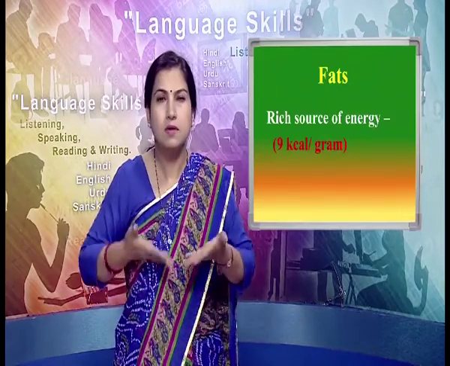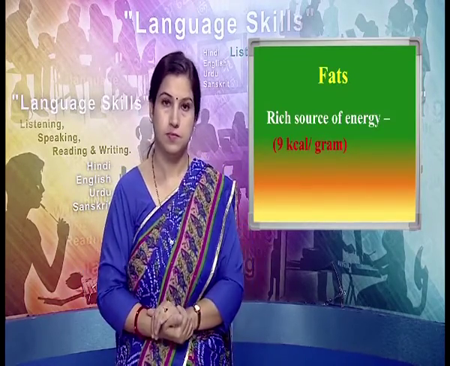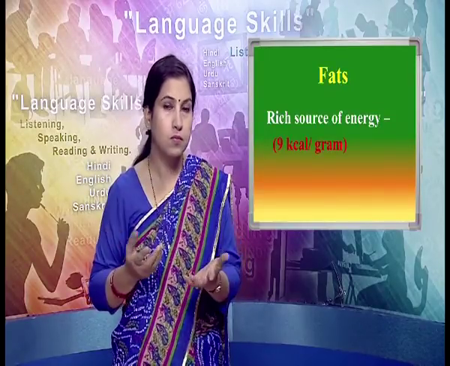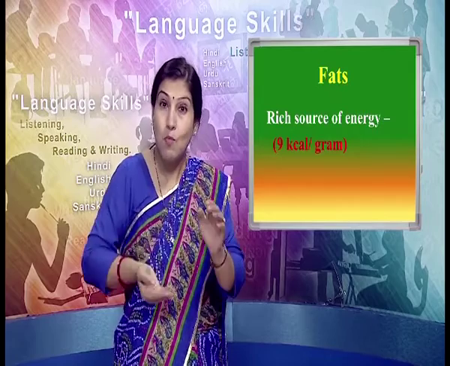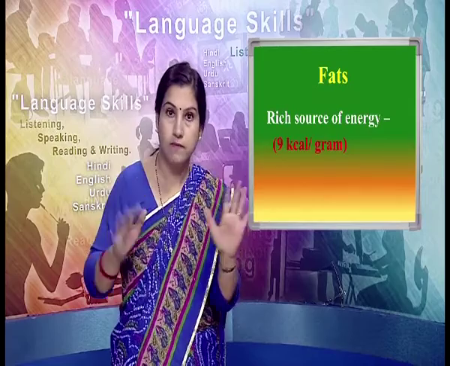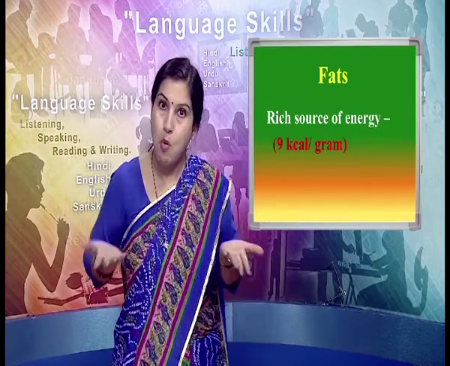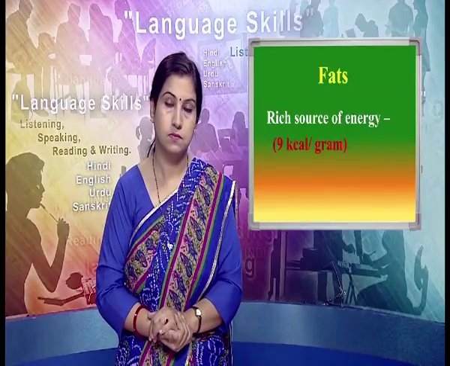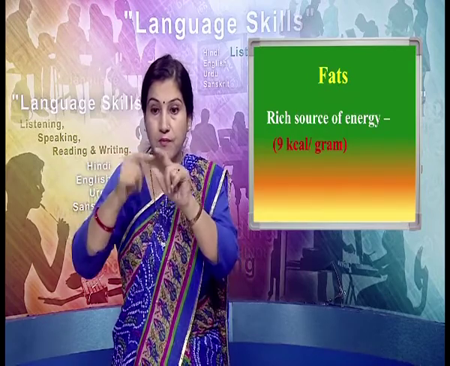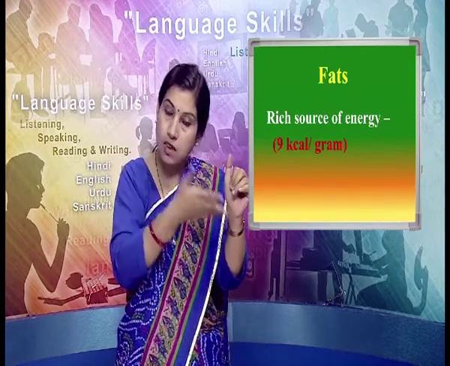Now we will talk about fat. We all know that eating too much fat makes one sick, and it gives more calories. 1 gram of fat gives 9 calories, which is more than double the amount of carbohydrate.